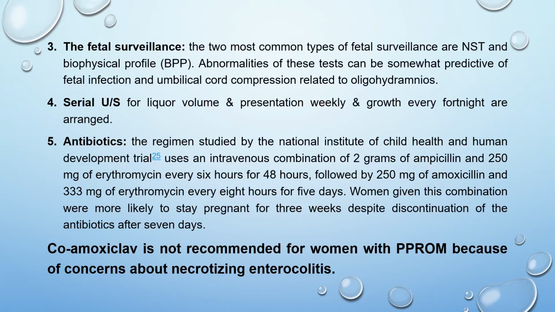Women given this combination were more likely to stay pregnant for 3 weeks, despite discontinuation of the antibiotic after 7 days. Co-amoxiclav is not recommended for the woman with preterm rupture of membrane because there is increased risk of necrotizing enterocolitis.